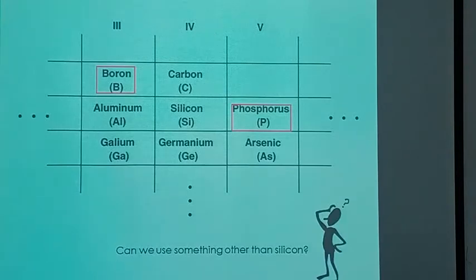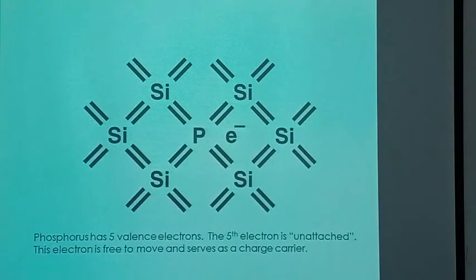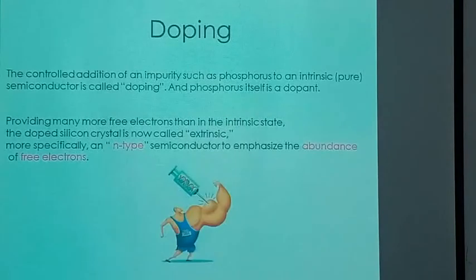So can we use something other than silicon? Yes, boron and phosphorus. Phosphorus has 5 valence electrons. So 1, 2, 3, 4, and 1 electron is unattached. This electron is free to move and serve as a charge carrier.